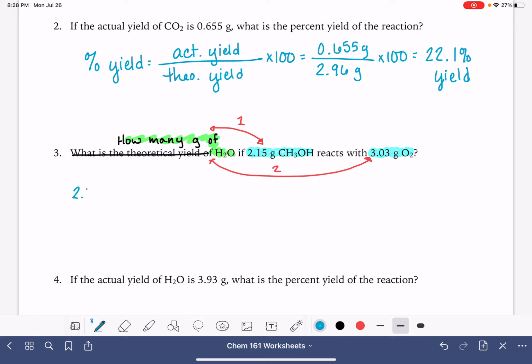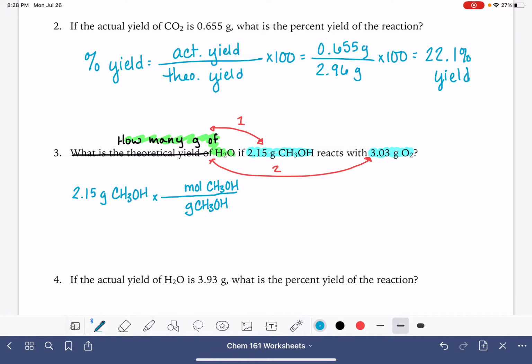We'll start with the 2.15 grams of CH3OH. We want to multiply by a conversion factor that will let us get rid of the grams of CH3OH, and remember, when we're in this mode, our only option is to convert into moles of that exact same molecule.